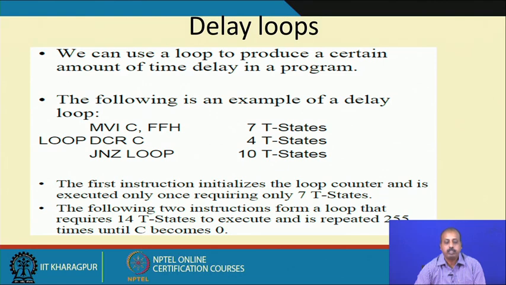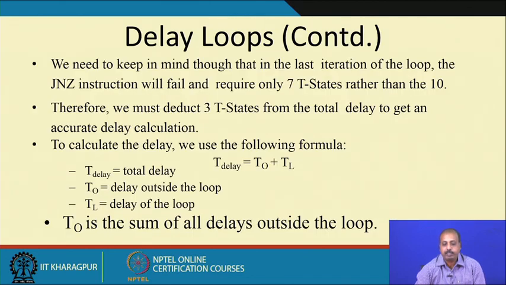That has to be loaded into the program counter, so that takes time. Whereas, if the loop fails, that is if the zero flag is set, the last part of the instruction is not executed, where the program counter would be loaded with the loop address. So, that requires fewer clock cycles, basically 7 T states rather than 10.